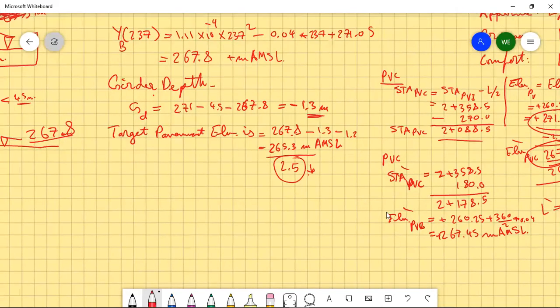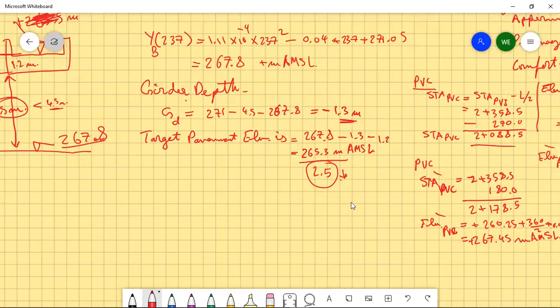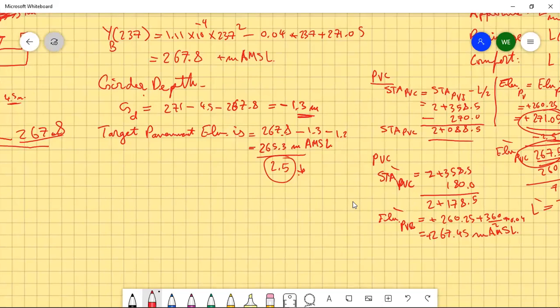So let's now reformulate the equation for the bridge. So we have y dash of x equal a dash x square plus bx plus y node dash.